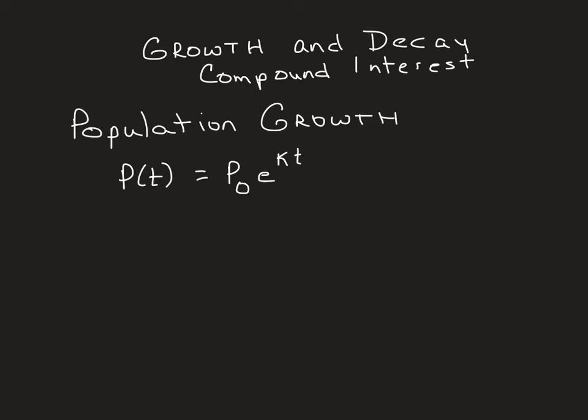And it is growth if k is greater than 0. And we know from previous work with the natural exponential function that if it is growing, it's going to look something like this.